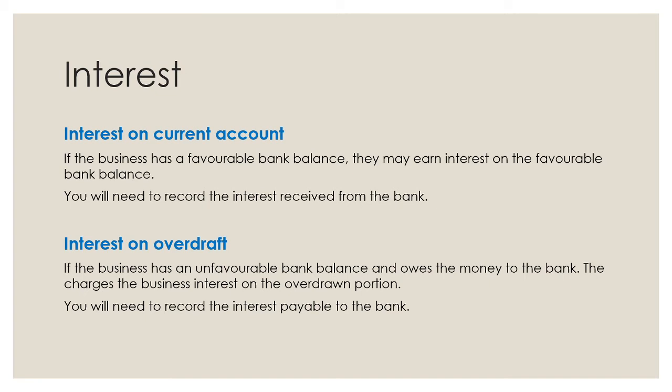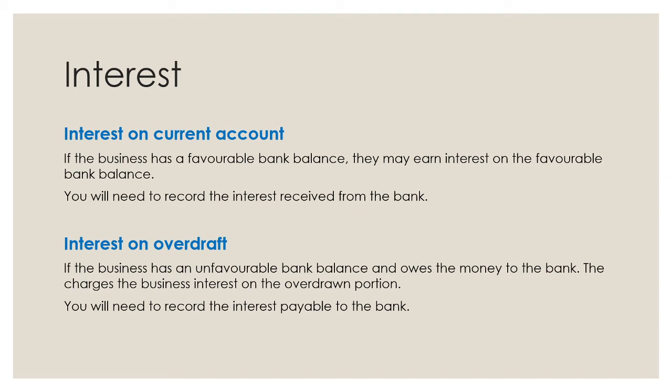Interest paid will normally be on an overdraft or unfavorable bank balance. So for instance, even your credit card, if it's unfavorable, the bank will charge you interest on it, and even an overdraft you pay interest on. And this you will also find on your bank statement.